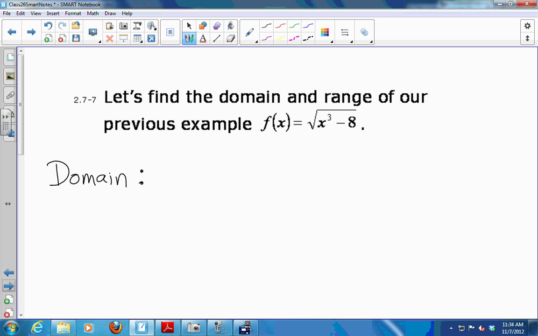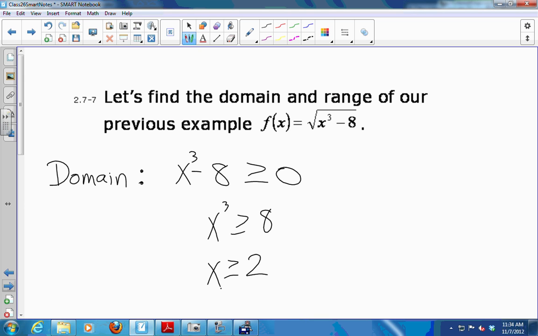Right, okay, so whatever's under the radical, which in this case is x³ - 8, can't be negative, right? It has to be bigger than or equal to 0. And you just did this in your head. You didn't write this out. But you solve this inequality. So you add 8 to both sides, which means that x has to be bigger than or equal to 2.